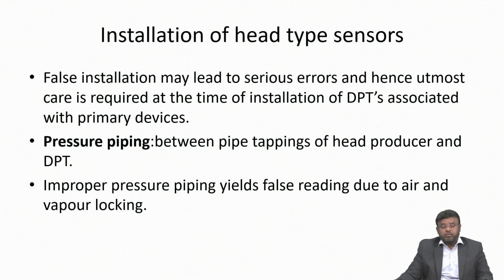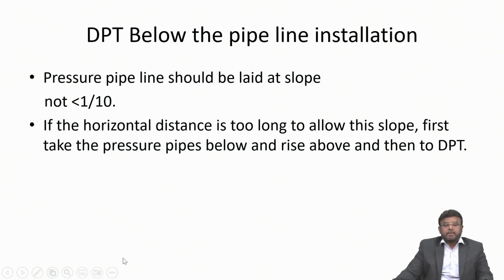Therefore, we will use tappings related to water carrying pipelines. The same thing can also be done for steam carrying pipelines. Then we have to use pots. As per the design considerations, we need to install the DPT below the pipeline installations.